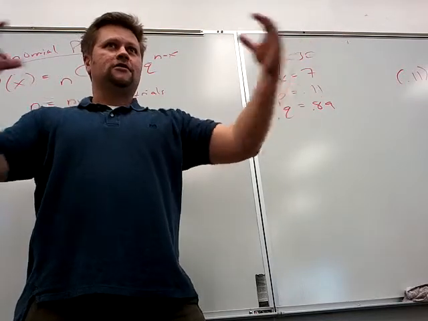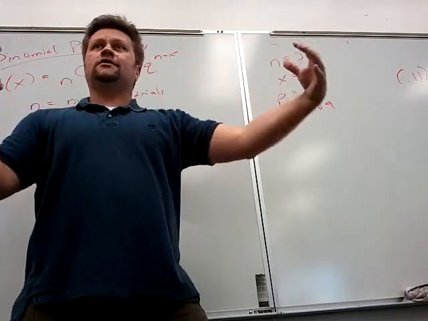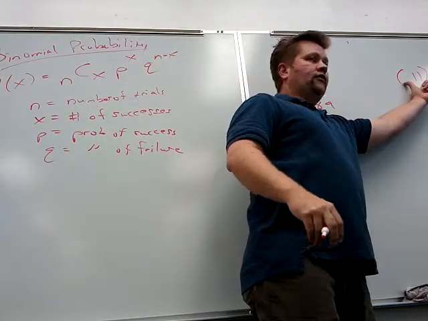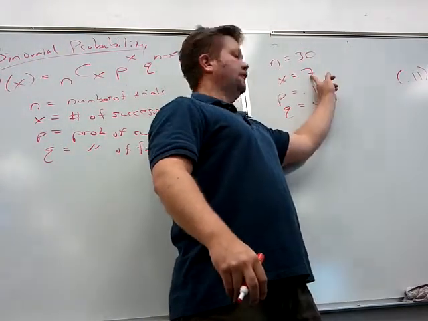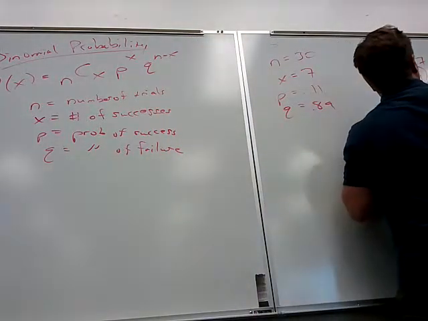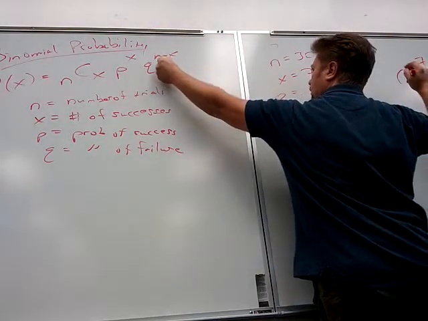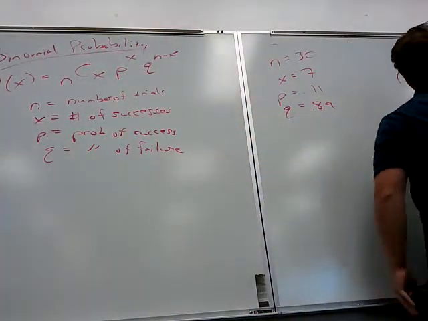You with me? There's a lot of ways to do it. But they're each going to have how many left-handers? 7. And how many not left-handers then? 23. Yeah, 30 minus 7, the rest.